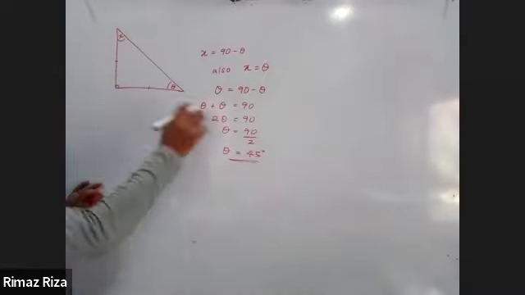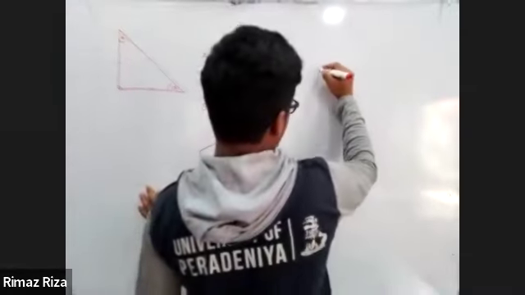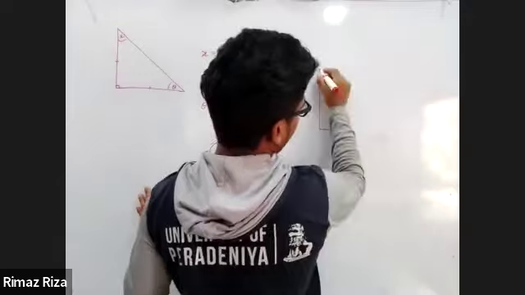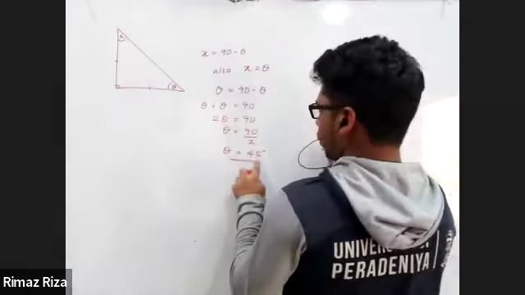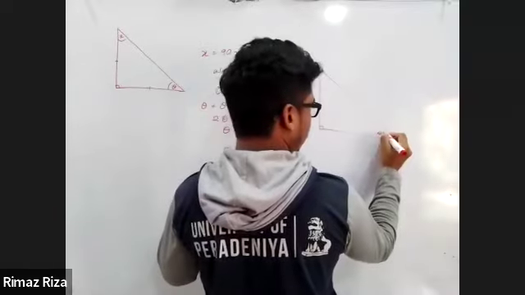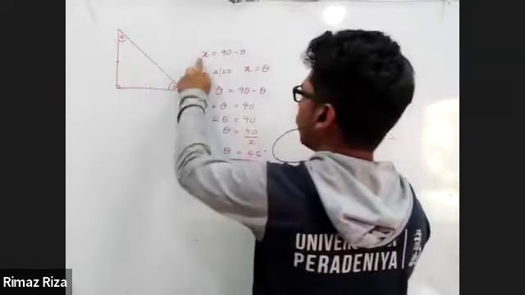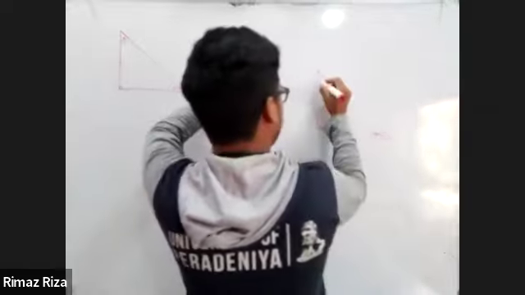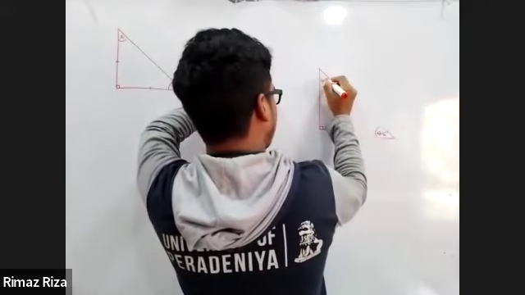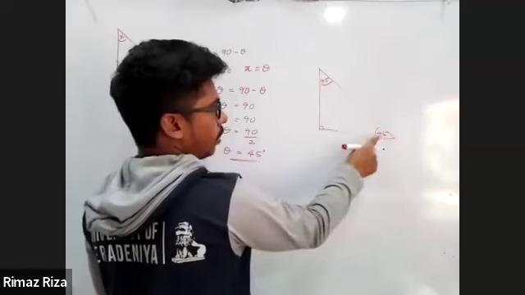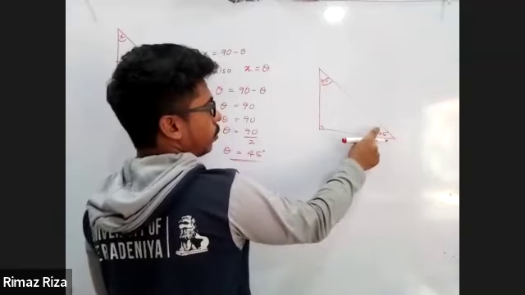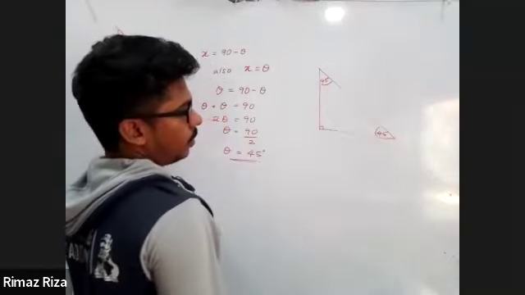That means if you have this right angle isosceles triangle, theta is equal to 45. And also x is equal to theta. That means this is also 45. Because the sum has to be 90, so this 45 and 45 make 90.